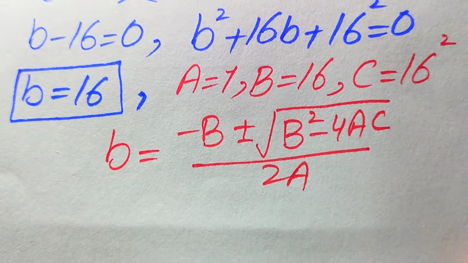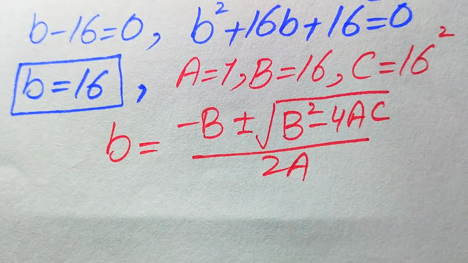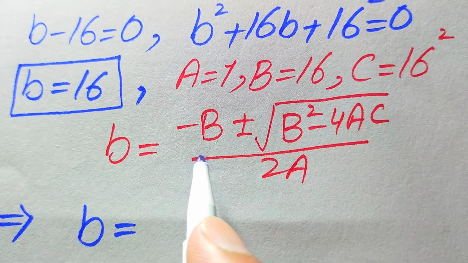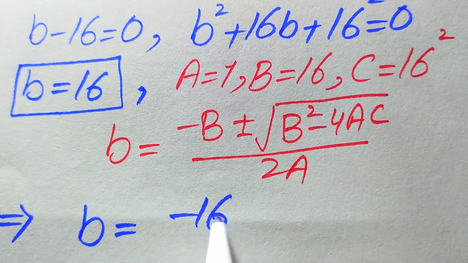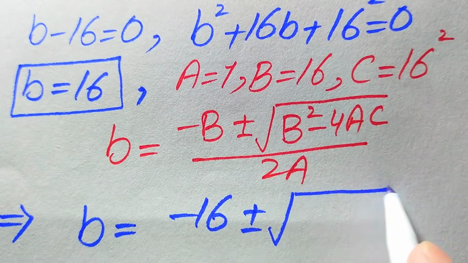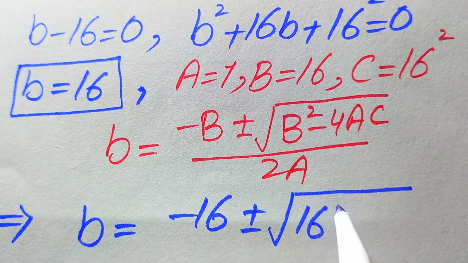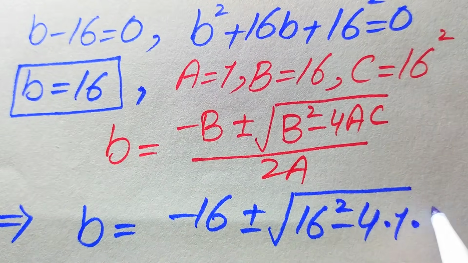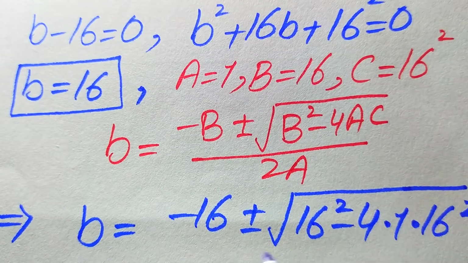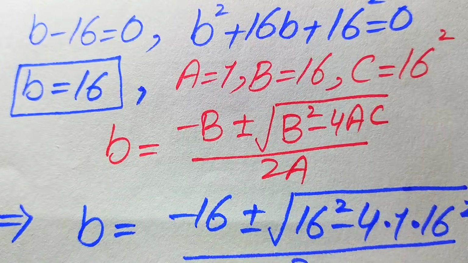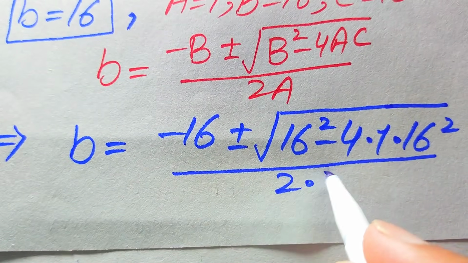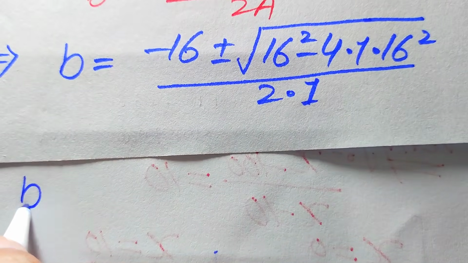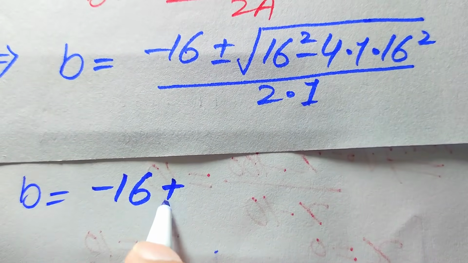This is our quadratic formula, and here we substitute all the values of A, B and C. This is written as b is equal to minus B, where the value of B is 16, so minus 16, plus minus square root of 16 squared minus 4 times A, which is 1, and C, which is 16 squared, divided by 2 times A, and here our A is equal to 1. After that, we have b is equal to minus 16 plus minus.